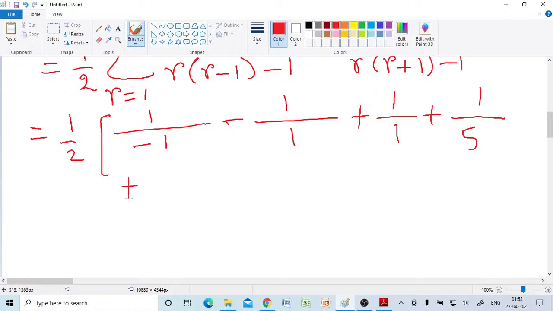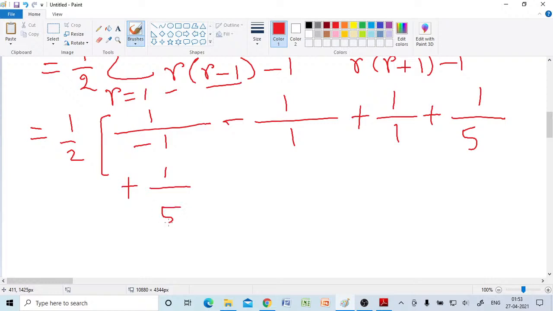Plus if you plug in 3, we will have 1 over 6 minus 1, because r equals 3 and r minus 1 is 2, 3 times 2 is 6, 6 minus 1 is 5.